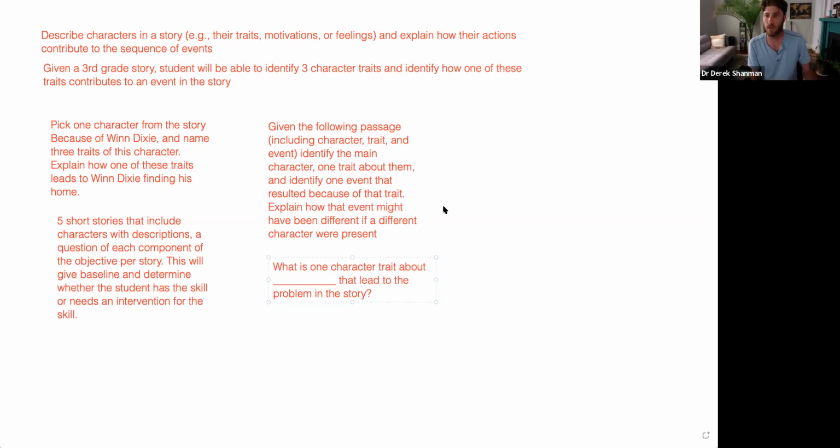There is no assessment for generalization, for extrapolation of skills. So if you look at Heather's and mine, where Heather says 5 short stories, I have given the following passage, having that novelty be a part of your assessment is really, really valuable.